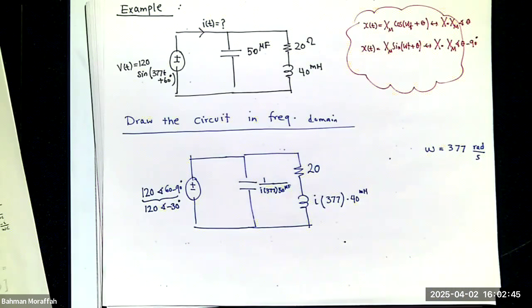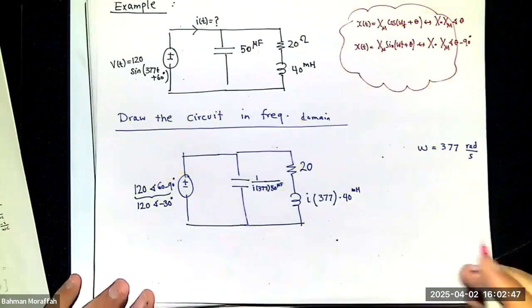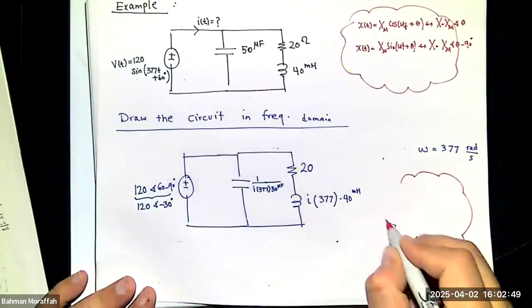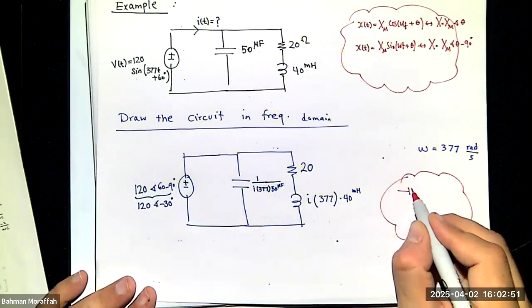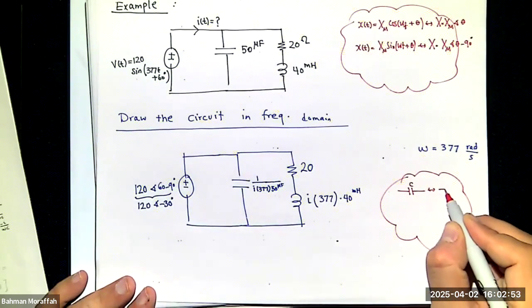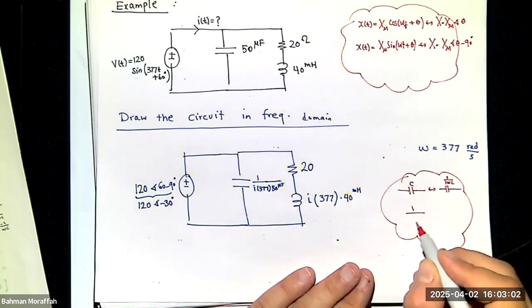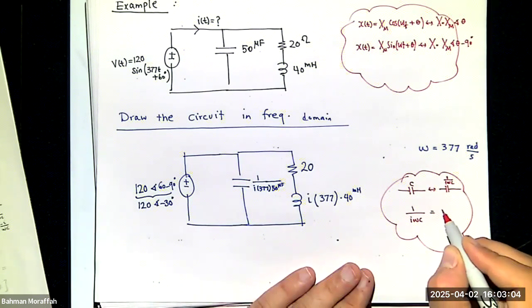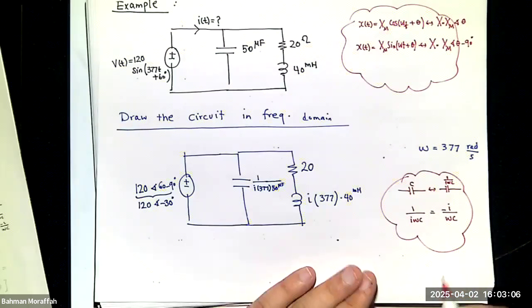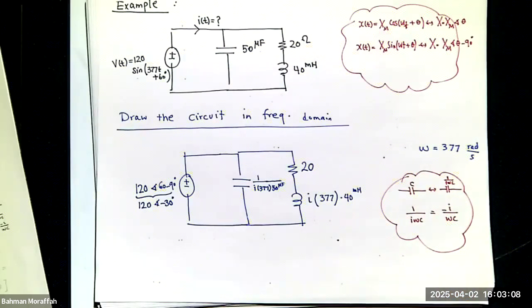I'll point something out really quickly before I solve this. If I have a capacitor, we said we're going to replace this capacitor by 1 over j omega C. Do you agree I can write 1 over j omega C as negative j over omega C? Yes or no?